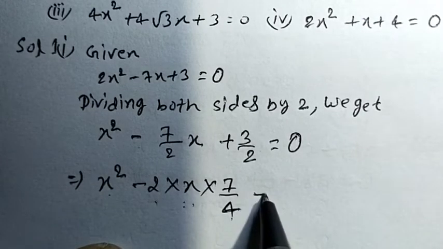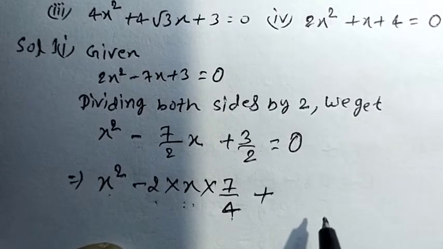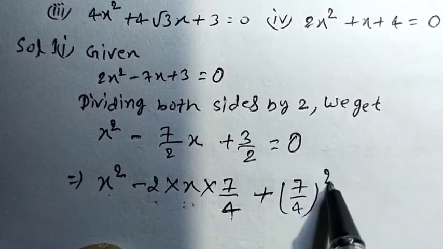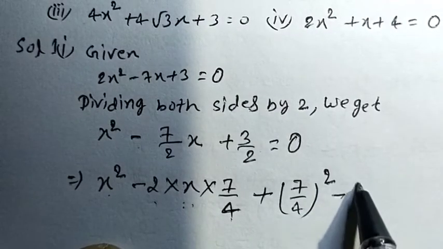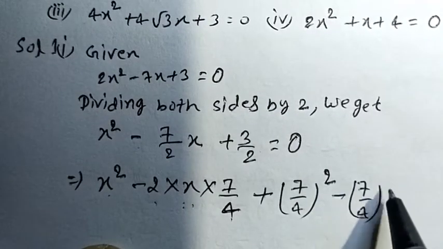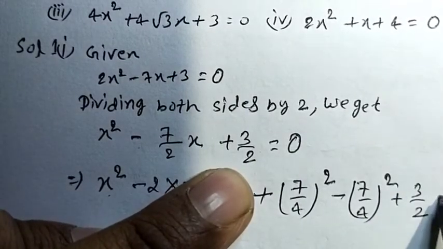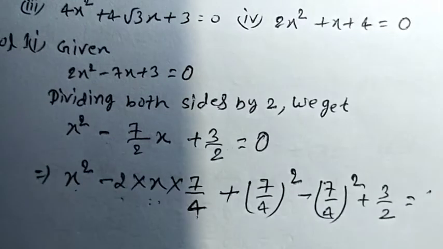Now we add 7 by 4 the whole square and also subtract 7 by 4 the whole square, and we write again plus 3 by 2 is equal to 0.